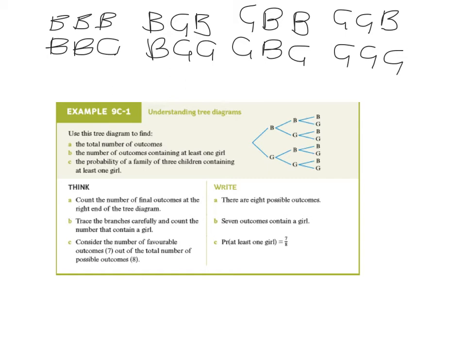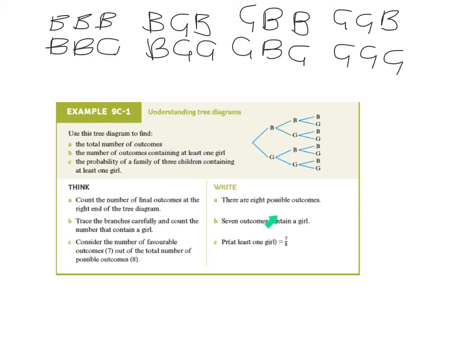How many outcomes have we got? We've got 1, 2, 3, 4, 5, 6, 7, 8. 8 outcomes. The number of outcomes that contains at least one girl. Well, let's look. We've got a girl here. We've got a girl 2, 3, 4, 5, 6, 7.